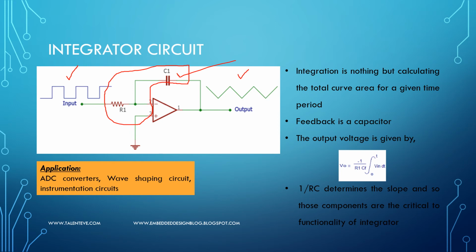If you want to integrate over a period of time interval, you provide 0 to t, similar to the integration we learnt in our college days. The integrator circuit is basically used in applications where you need to shape a particular waveform, or you need to calculate a particular area. So this is what an integrator does.